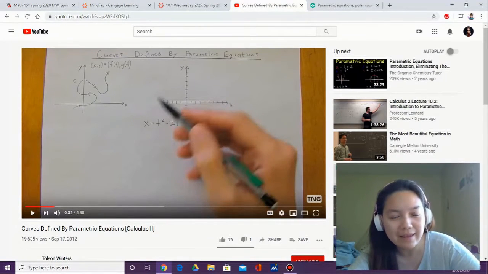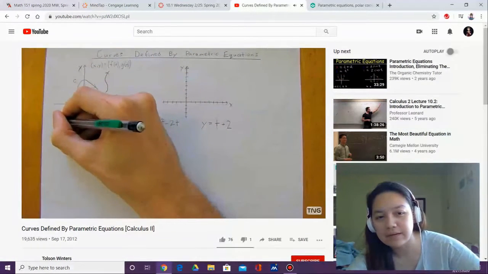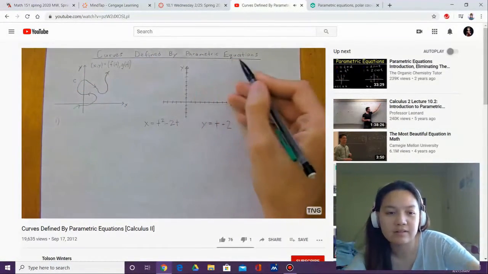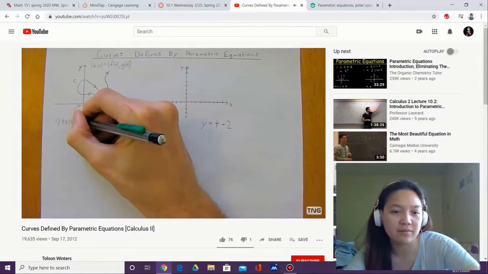Makes sense visually. There are two really important things to remember. With parametric equations, x equals t squared minus 2t and y equals t plus 2.